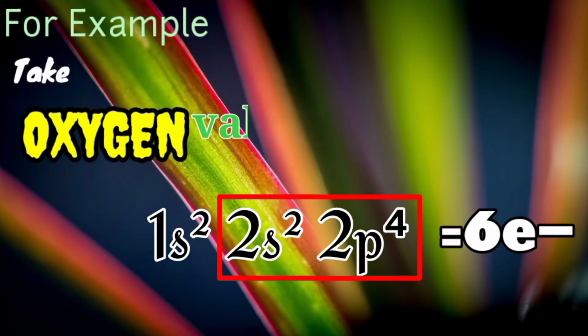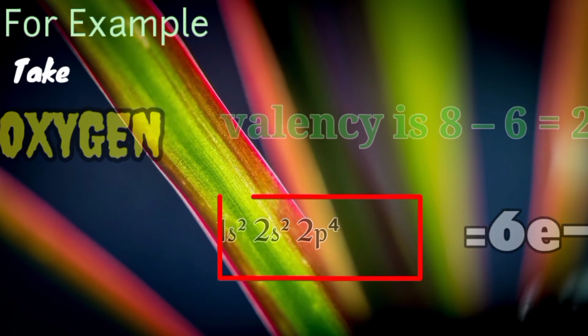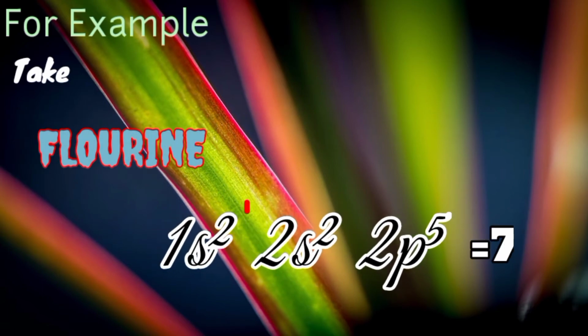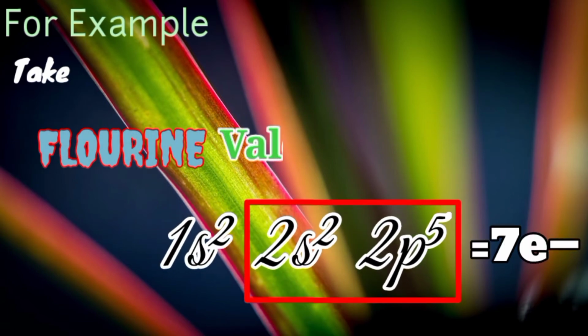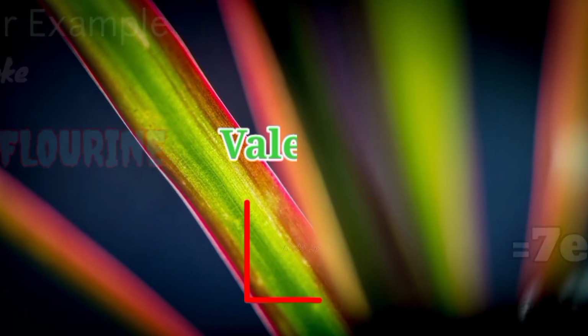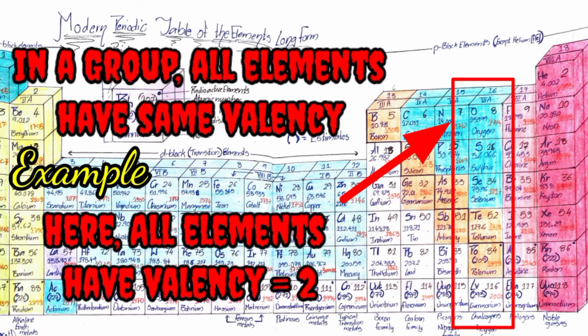So the valency of oxygen is 8 minus 6 equals 2. If we take fluorine, the outermost orbit has 7 electrons and the valency of fluorine is 8 minus 7 equals 1. And you must remember that, in any group, all elements have the same valency.